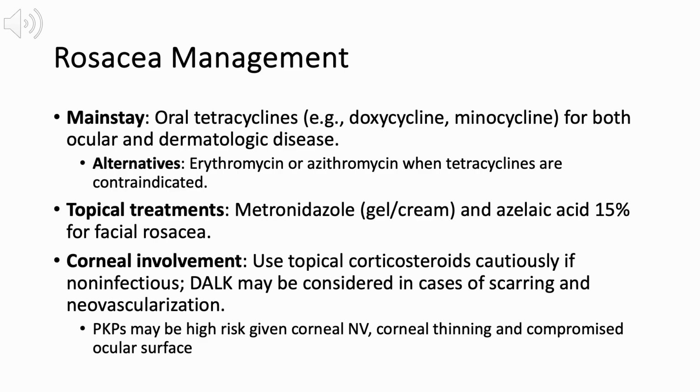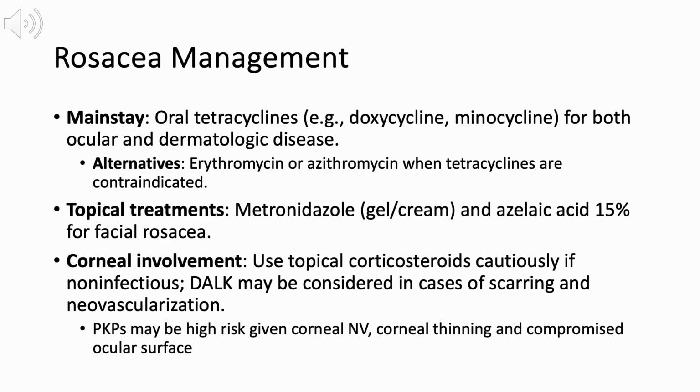Management of rosacea focuses on both dermatologic and ocular symptoms and typically involves a combination of systemic and topical therapies. The mainstay of treatment includes oral tetracyclines such as doxycycline or minocycline, which are effective in controlling both facial and ocular inflammation. For patients unable to tolerate tetracyclines, alternatives like erythromycin or azithromycin may be considered.